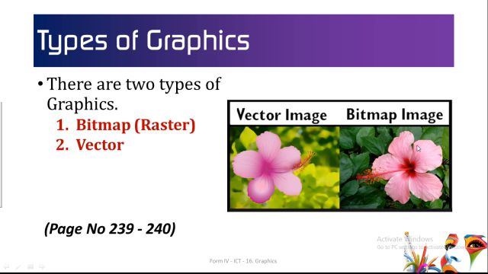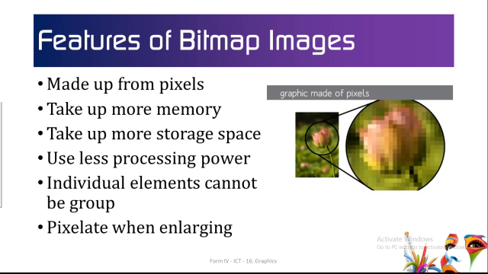Bitmap image is the real image taken from the digital camera, and vector image is the image drawn by lines and shades, unrealistic. Bitmap images are realistic images. For further reference, you can refer to page number 239 to 240.